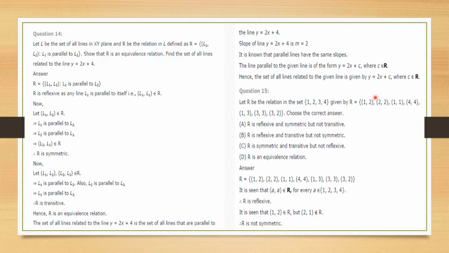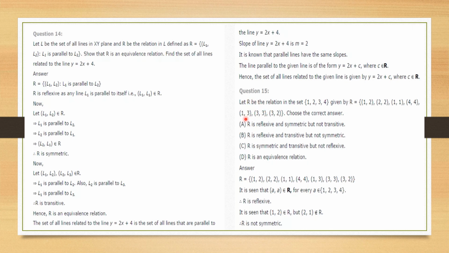Let us check transitivity. (1,2) is there, (2,2) is there. For (a,b), (b,c), is (a,c) there? Is (1,2) there? Yes. Like (3,3) is there, (3,2) is there. Is (3,2) there? Yes. (1,3) is there, (3,3) is there. Is (1,3) there? Yes, it is there.